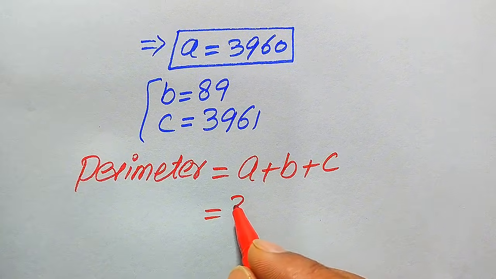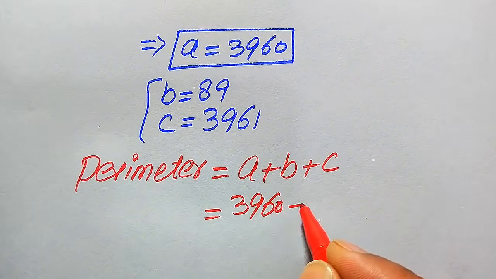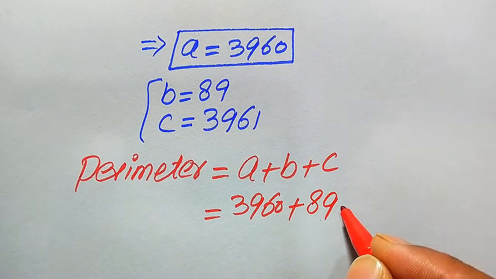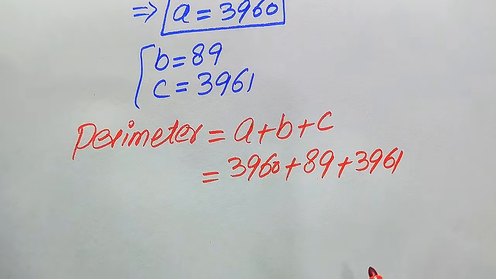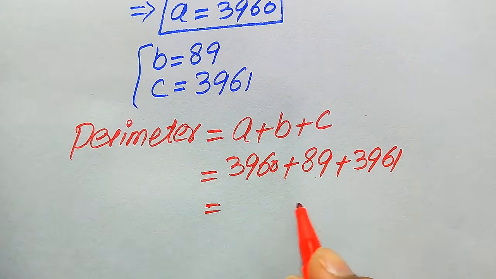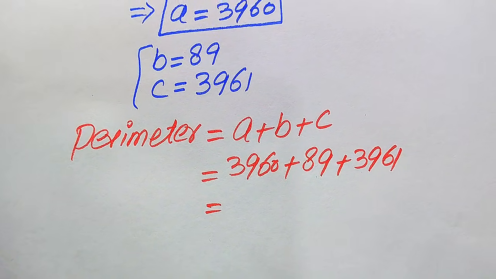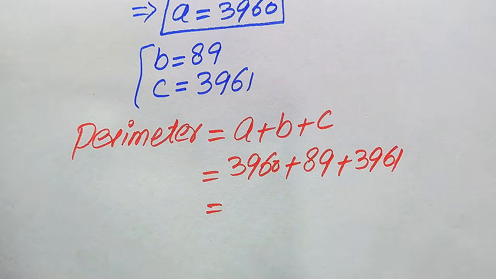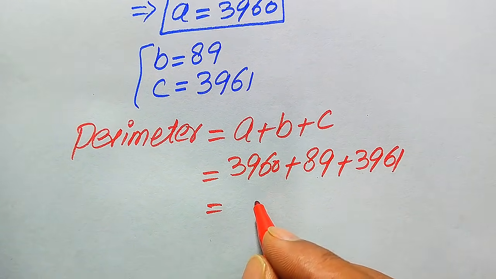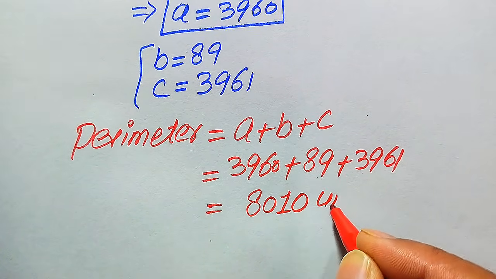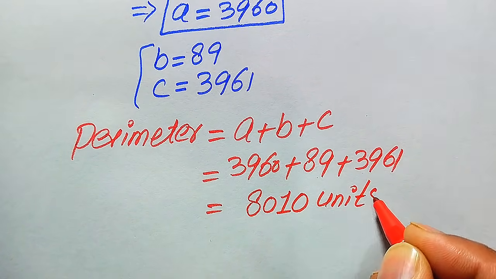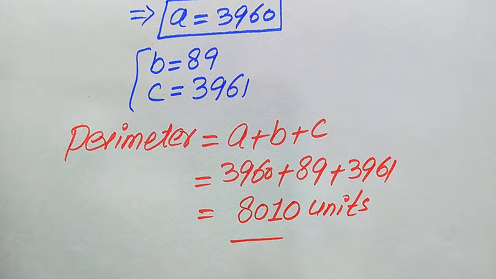So we have the value of a is 3960 plus the value of b is 89 plus the value of c is 3900 plus 61. Here we sum up all of these values, and we get 8010 units. So this is our final answer to this question.